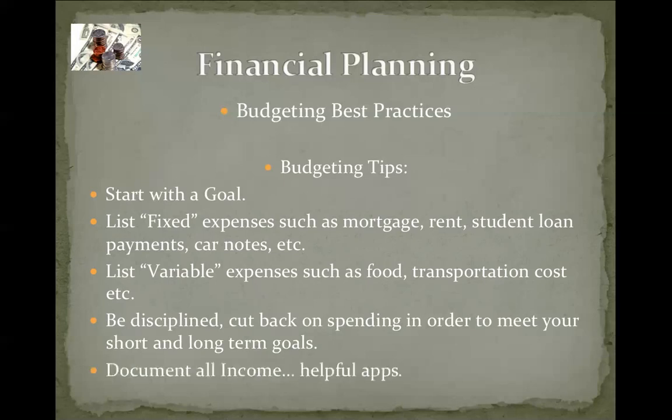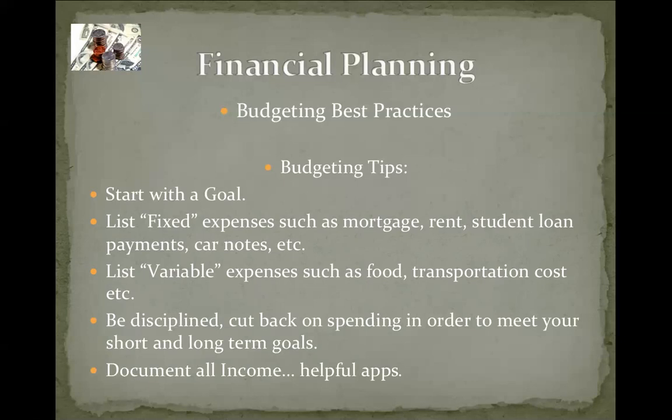Next thing here I have is document all income. After the next slide, we'll look at some helpful apps that help to document your day-to-day expenses, week to week, month to month, and so on.